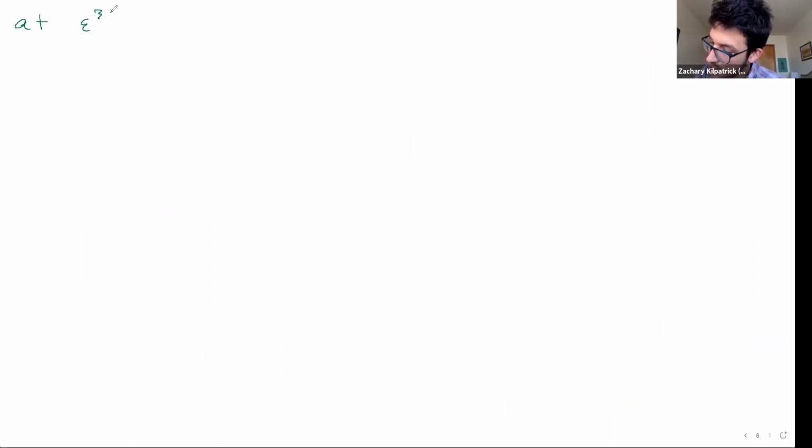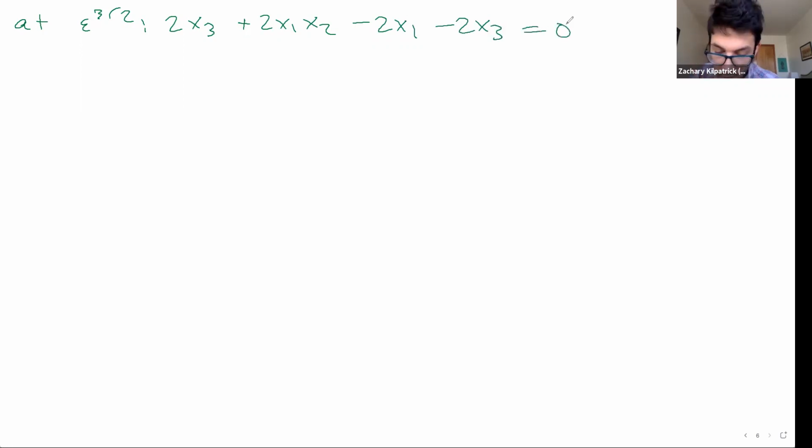And now at epsilon to the 3/2, I get 2x3 plus 2x1 x2 minus 2x1 minus 2x3 is equal to 0. This implies, when I cancel everything out, that x2 is equal to 1, okay?